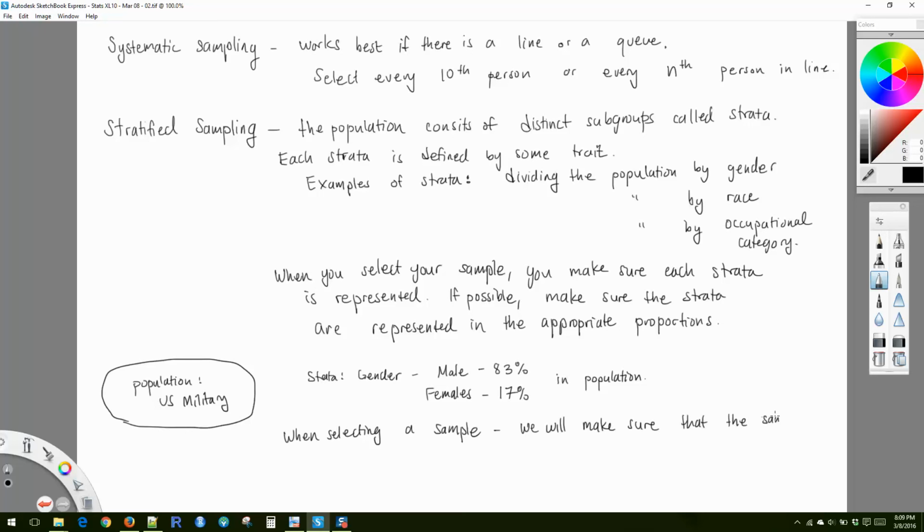So if you have 100 people in your sample, you're going to pick 83 of them to be male, and 17 of them to be female. So our sample reflects the makeup of the population.